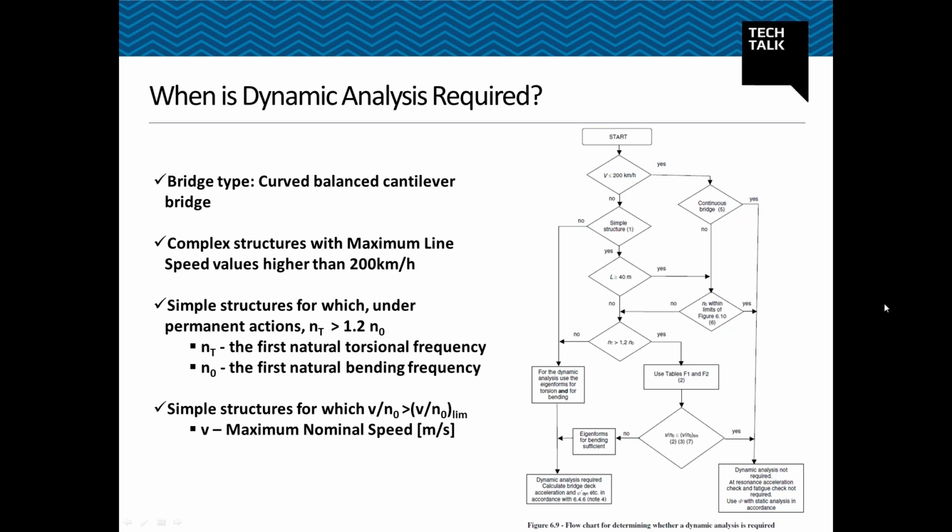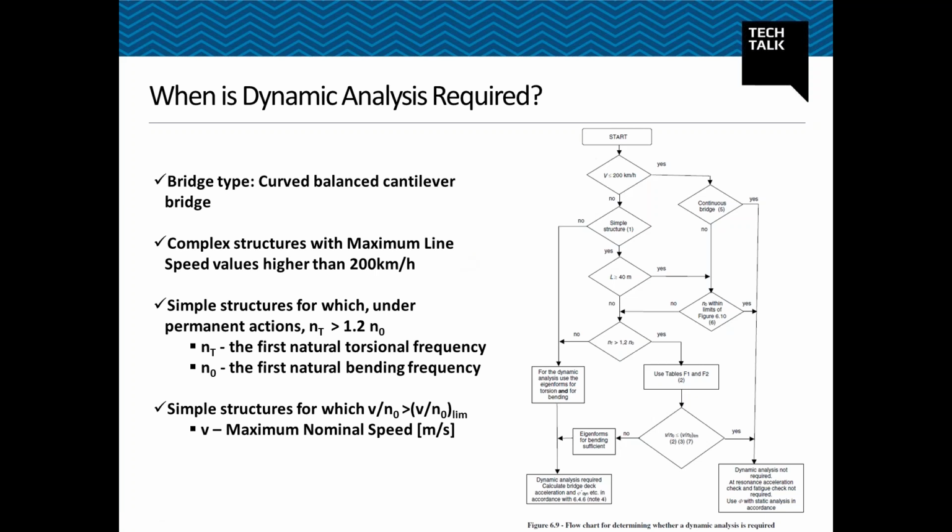First of all, the complexity of your structure or maximum line speed value. If the maximum line speed is higher than 200 kilometers per hour, or if the structure is complicated or simple, these can be used to determine whether the dynamic analysis is required or not.